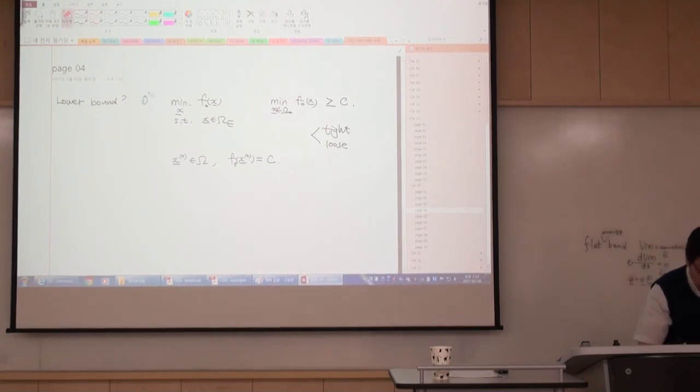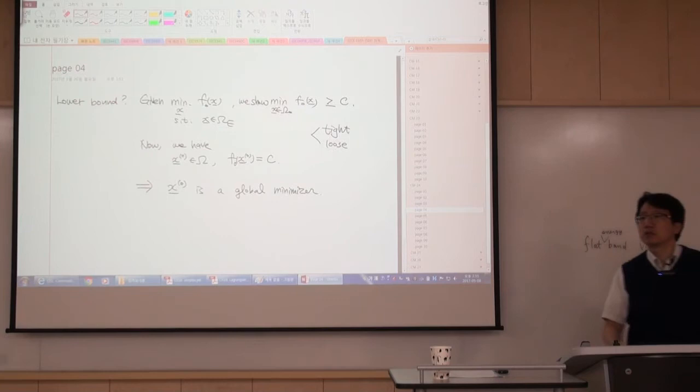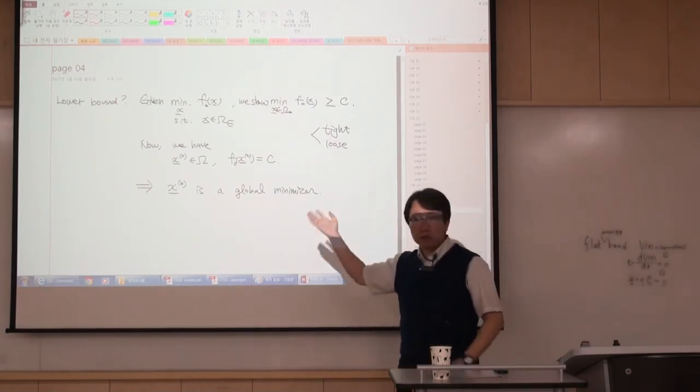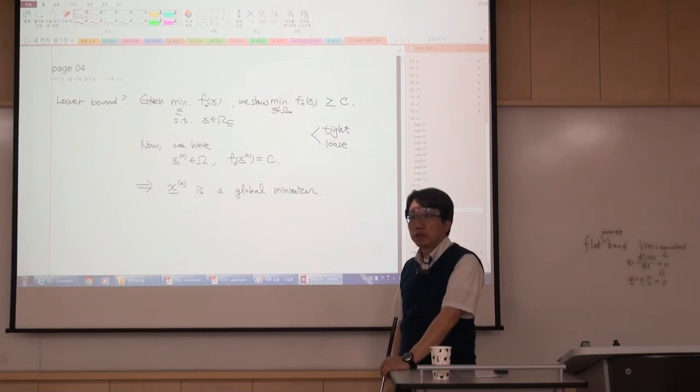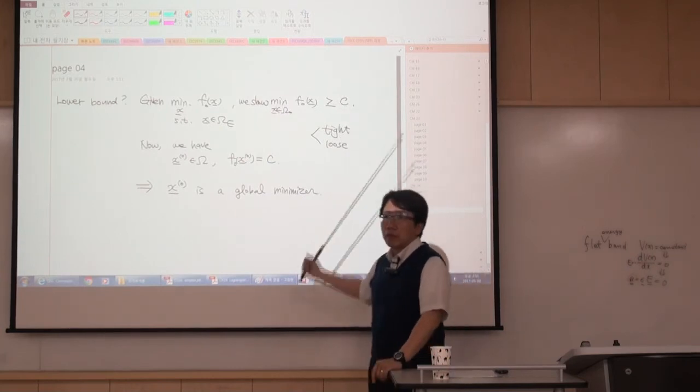So, the story is this. Given the problem, we show this. Now we have x0 like this. Then what? This x0 is a global minimizer, which means an optimal solution, right? Because we achieved a lower bound.